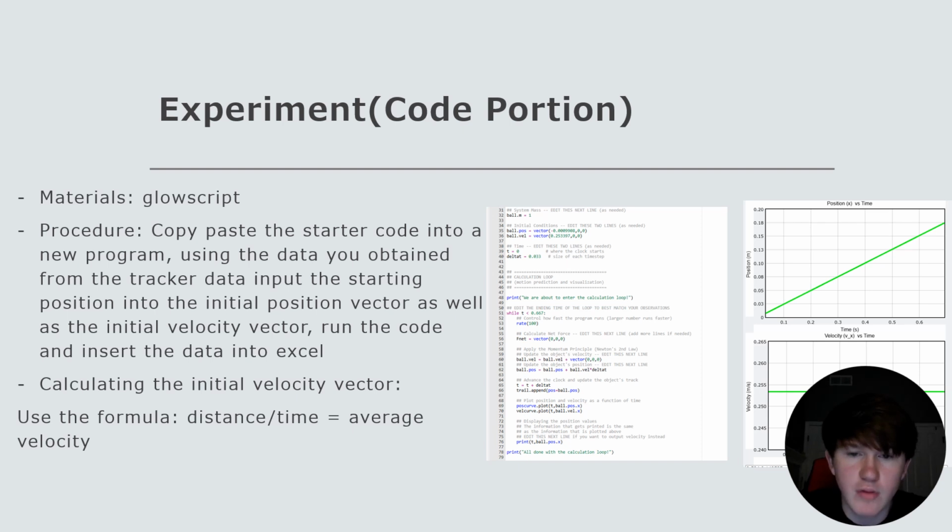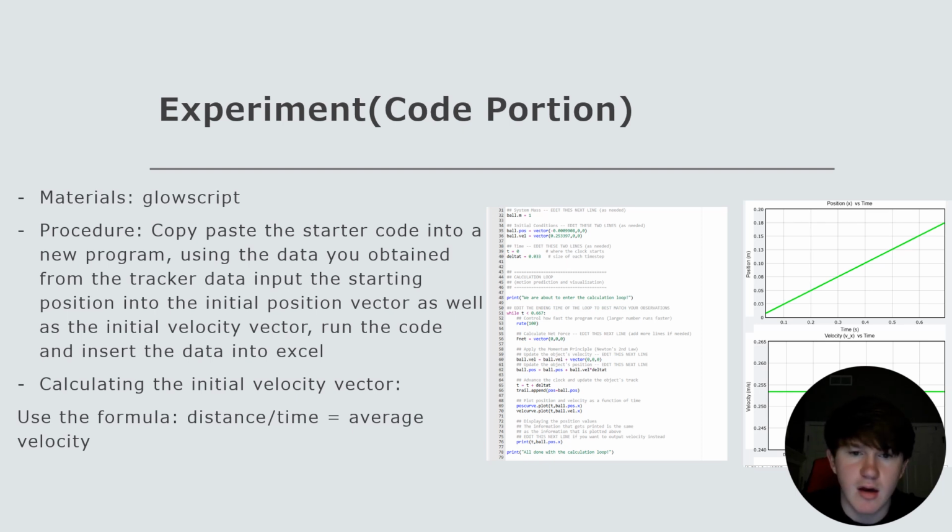So here's the code portion of the experiment. First we copy pasted the starter code, and then using the data we obtained from the tracker data input, we input the data into the starting position, being the initial position vector, as well as the initial velocity vector, which was our average velocity.